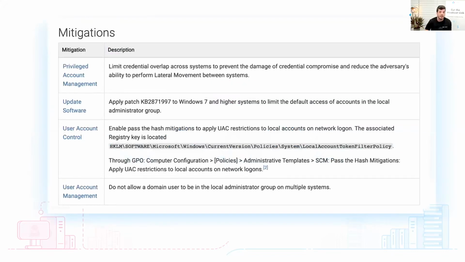When we're looking at the mitigations in the ATT&CK framework about this specific technique, there are basically 4 different mitigations that offer different ways to mitigate this technique. However, not all of them are actually doing the same, and also the exposure that they are reducing or eliminating is not the same.